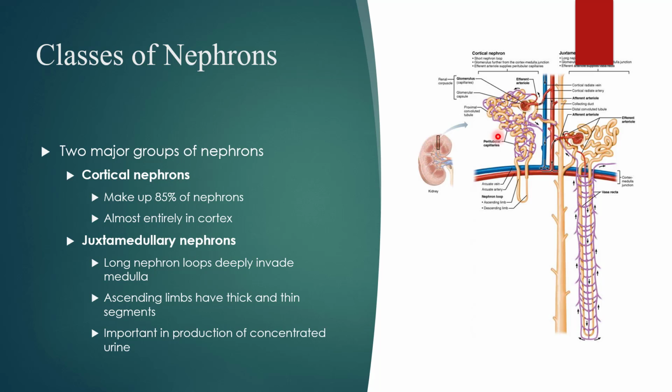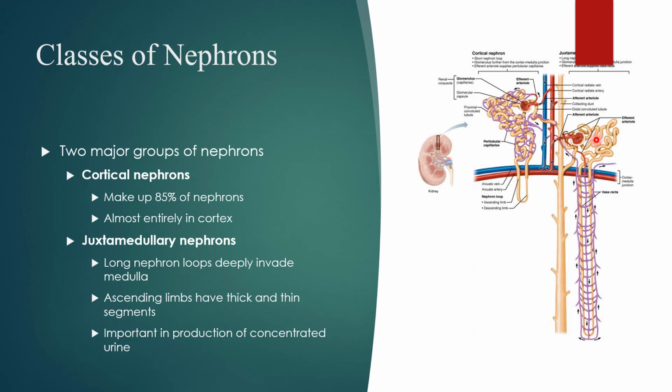For instance, this little guy here, where most of its body is in the cortex, is what's called a cortical nephron. And 85% of our nephrons are almost entirely located in the cortex. Most of our nephrons are cortical.